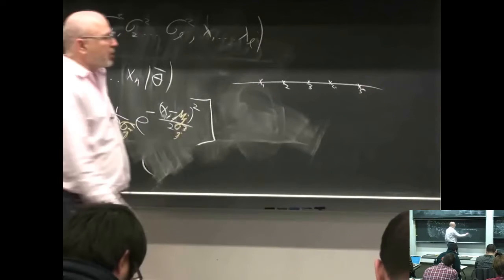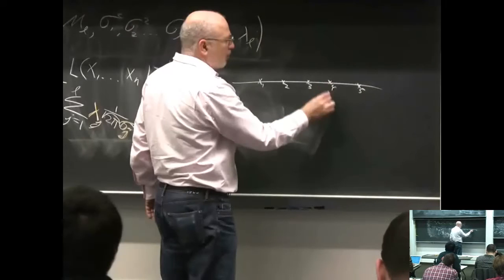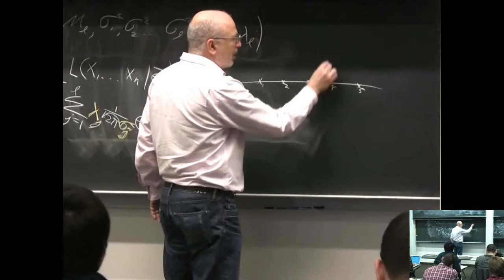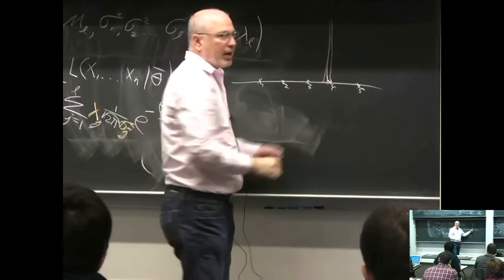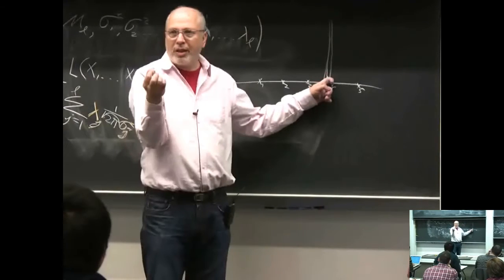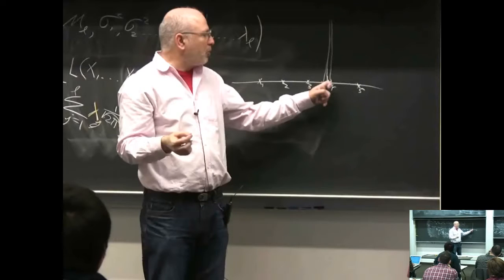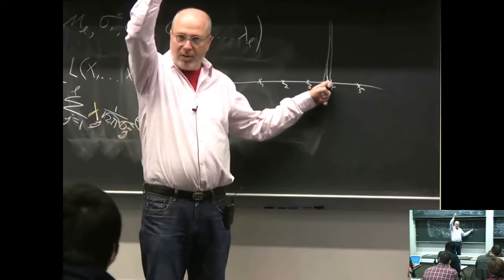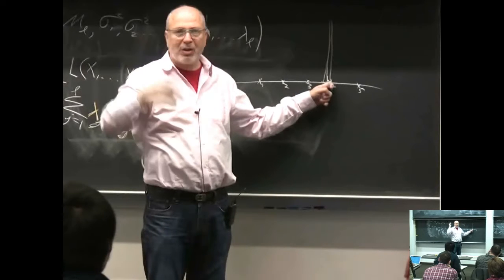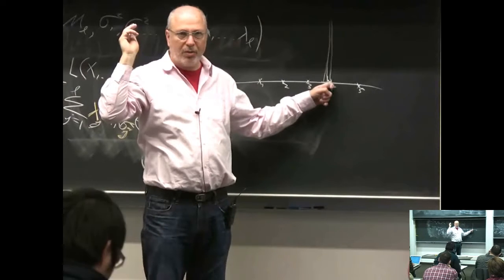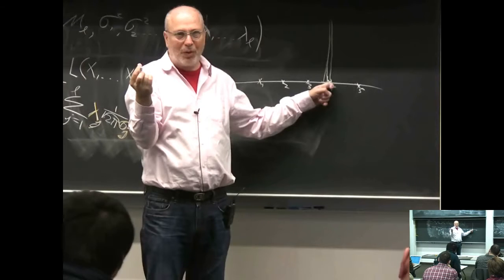Let's say I chose x4. I'm going to position my Gaussian right above x4, and I'm going to let the variance or the standard deviation of this Gaussian shrink down to 0. As it shrinks down to 0, the Gaussian becomes more and more peaked. So I can make the likelihood of this particular data point arbitrarily large, unlimited, by shrinking the sigma to 0.